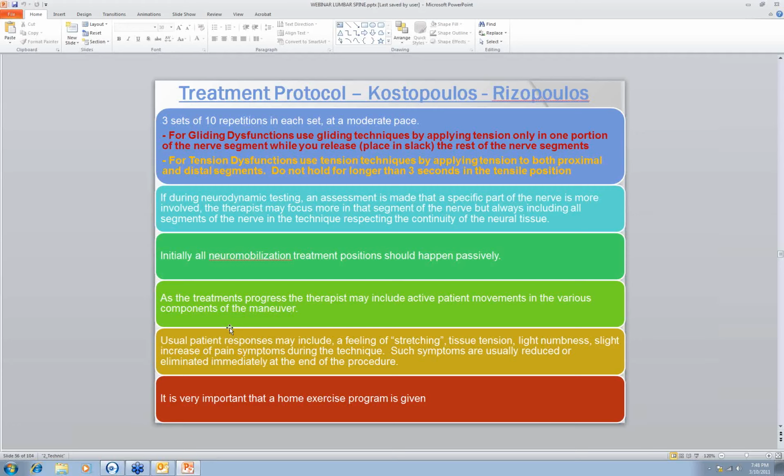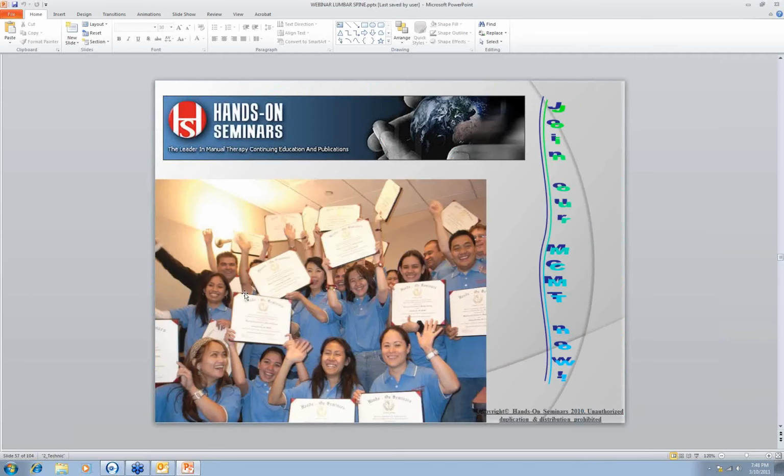It is normal to have the patient feel an increase of the symptoms during the application of the technique, but those symptoms should become much less and disappear when you end the procedure. And of course, a home exercise program is extremely important for these patients.